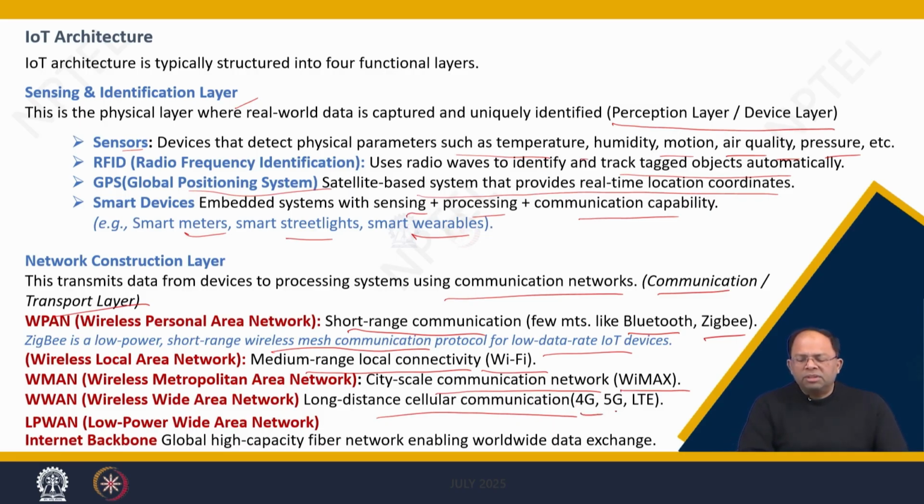That uses 4G, 5G, and LTE. We all use that; phone data transmission happens via that. Then there is LPWAN, the low power wide area network. It is a wide area network, but very low power, and it is a new network that has come up. Then there is of course the internet backbone, over which data travels all across the world, a global high capacity fiber network enabling worldwide data exchange, which is also part of this system.